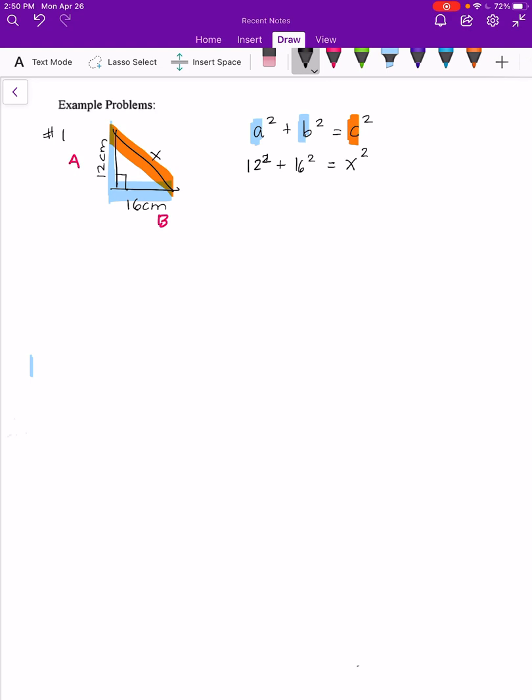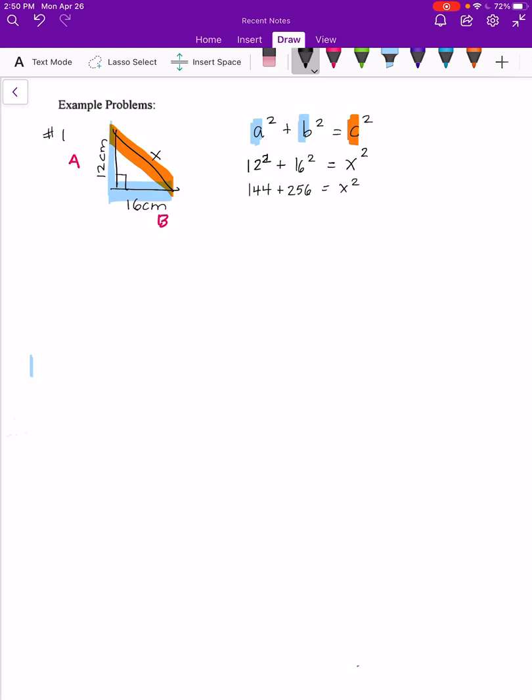And it does not matter which one is A and B, so you can change that up if you need to. So 12 squared is 144 plus 16 squared, you can calculate that on your calculator. If you don't know, it's 256 equals X squared.